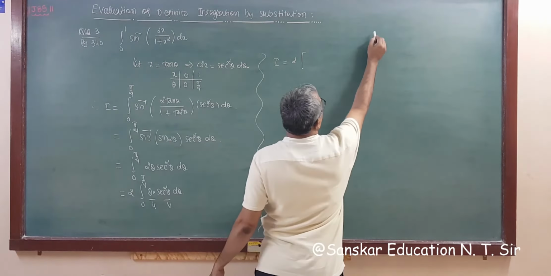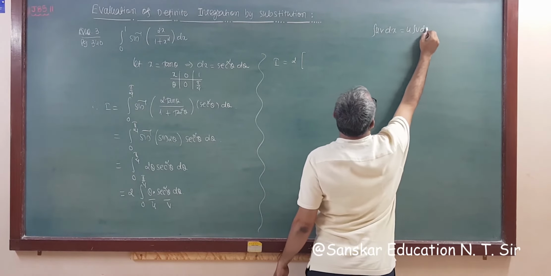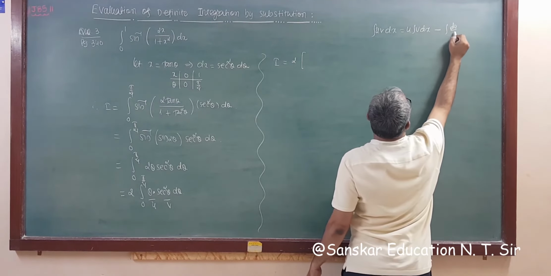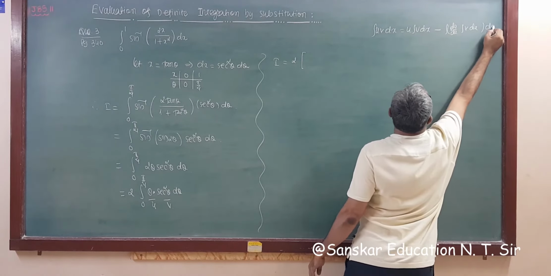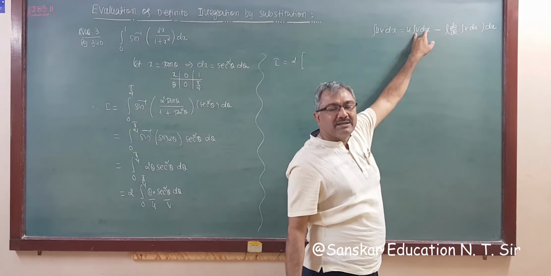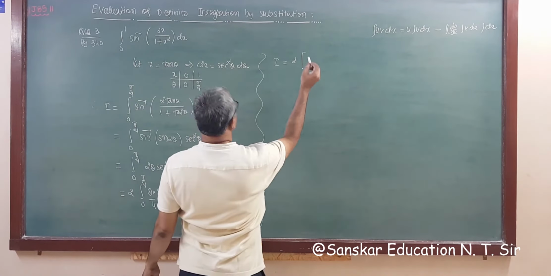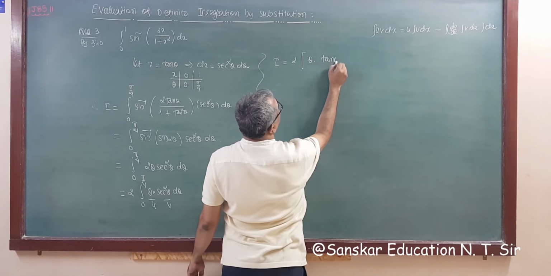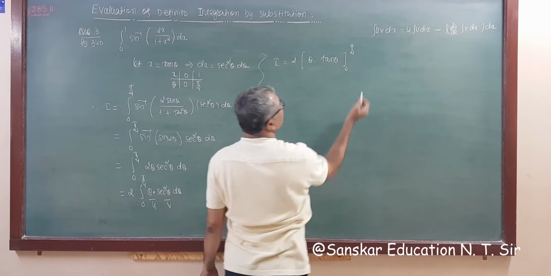Because in integration by parts, integral of u v dx is equal to u times integral of v dx minus integral of (du by dx times integral of v dx) dx. But in definite integration you have to write the integration directly and then the limit. So directly, the integration of sec square is tan. So I am writing here u into integral of v dx, which is theta tan theta, and the limit is 0 to pi by 4. This is okay.